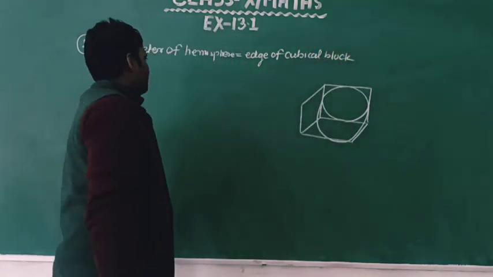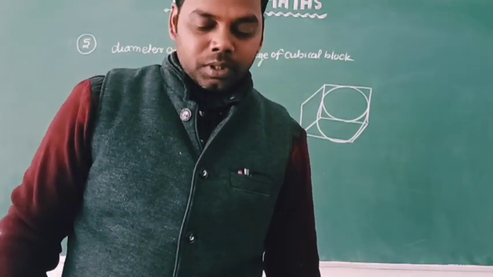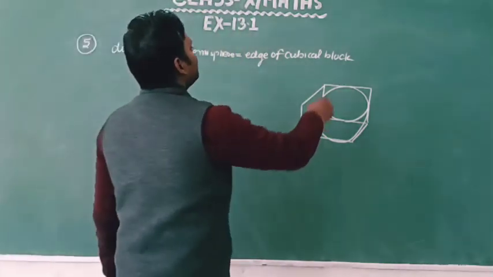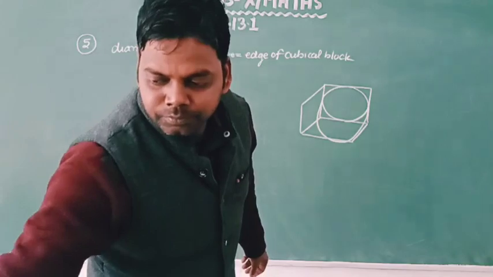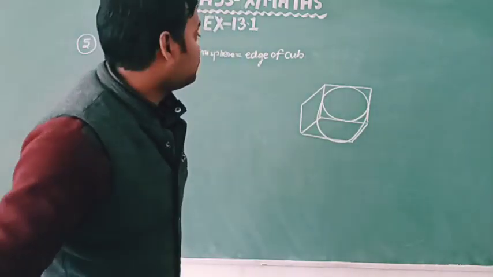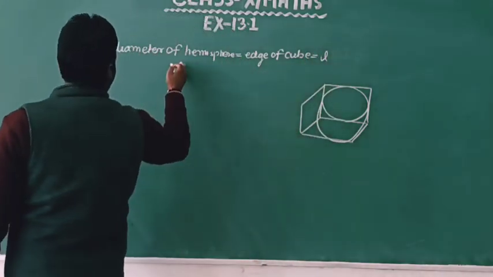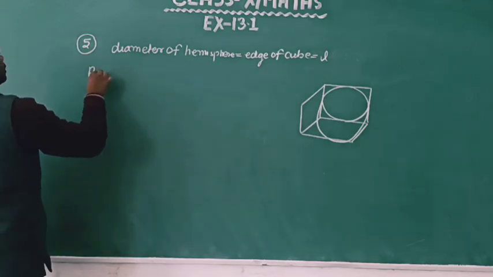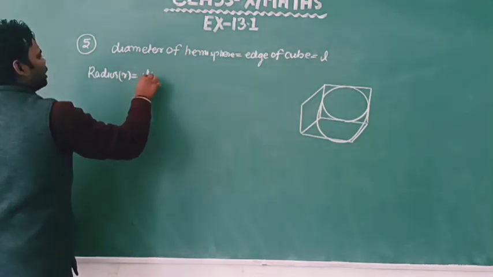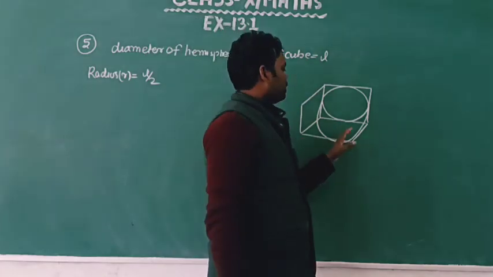The edge of the cube is given as L. Then the radius R of the hemisphere is equal to L by 2, and the edge of the cube is equal to L.